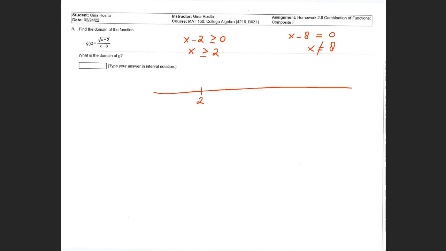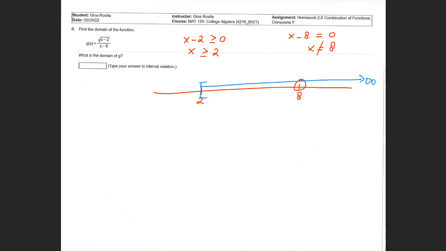This is 2, this is 8. Because of the division, the denominator x minus 8 cannot be 0, so I circle 8. The other one is x greater than or equal to 2, with the arrow going over there to infinity.